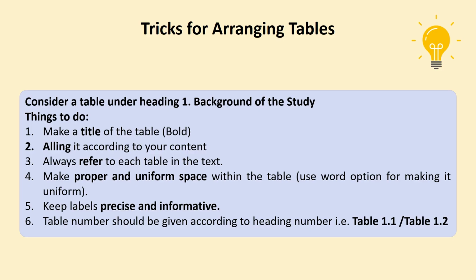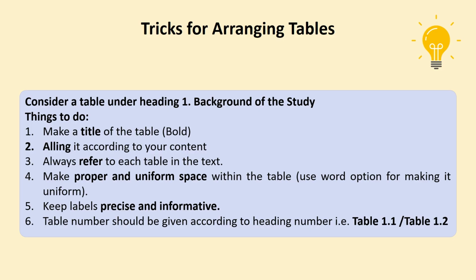Always refer to each table in the text. For example, when you are writing a paragraph and you are referring to the contents or data given in the table, please refer to it, saying that in table number 1.1 it is mentioned. It makes it more formal and more cohesive.